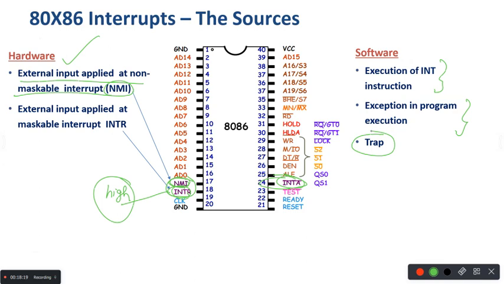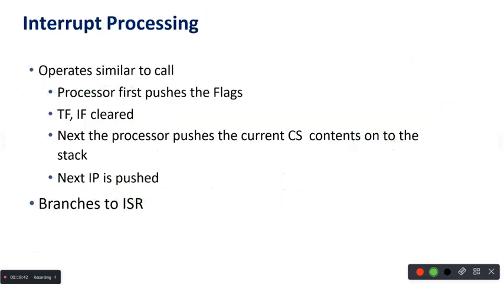So from this you have understood what a hardware interrupt is and what a software interrupt is. Hardware interrupts are exclusively these three pins. Software interrupts are executed whenever you have an interrupt instruction executed.